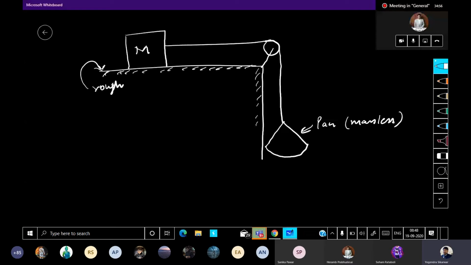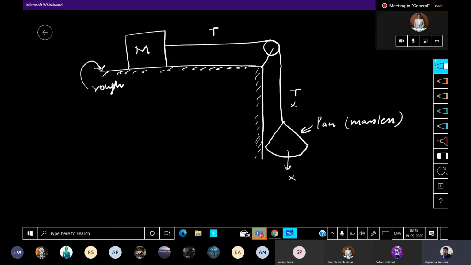Now listen very carefully, everyone. Because the string is the same throughout, tension will be the same throughout the string. Initially, as the pan is massless, there is no force downward, so no tension here and no tension here.